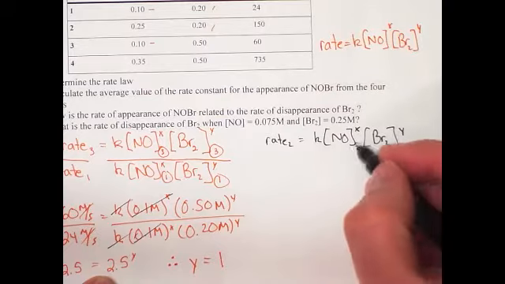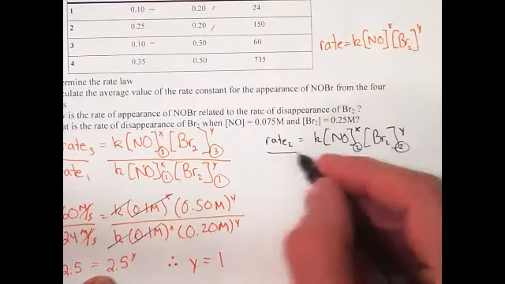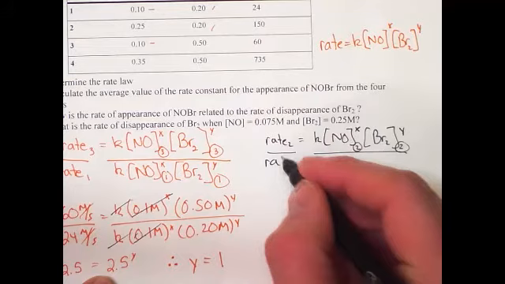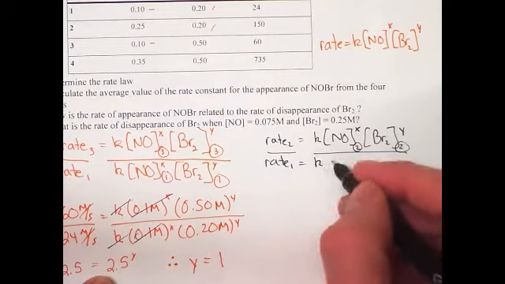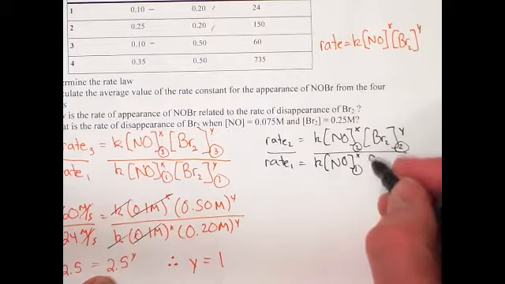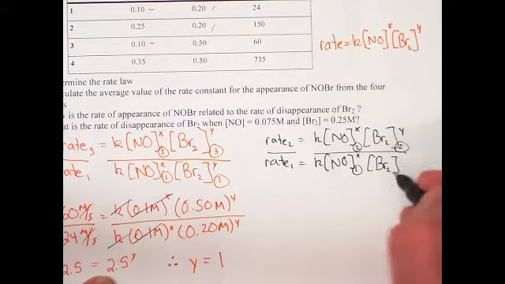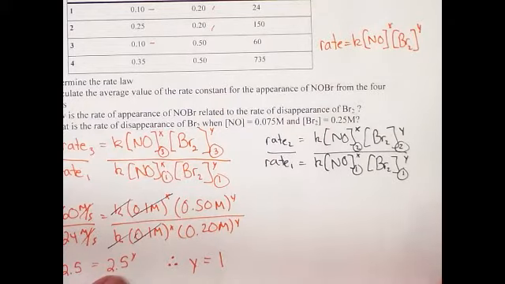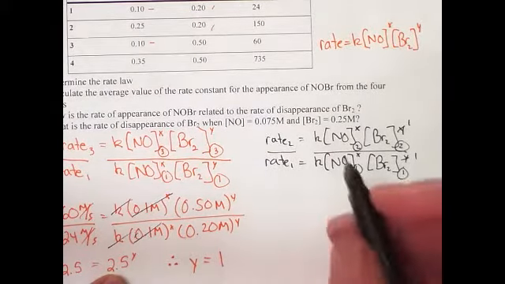This is experiment 2 over rate 1 equals k NO to the x, Br2 to the 1. Now I have solved y. I know that y is equal to 1, so we could probably just substitute that in. It's not going to matter. We're going to cancel it out anyway.